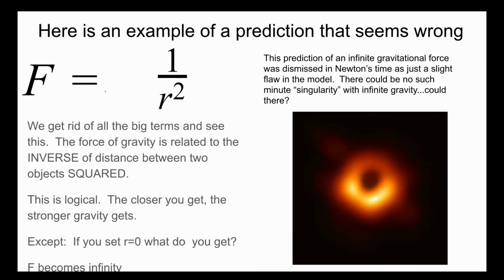Three centuries later, we get a picture of that flaw: black holes do exist, and the flaw in Newton's model turned out to be a truth those scientists couldn't accept yet. An outlandish prediction of a model turns out to actually be true.